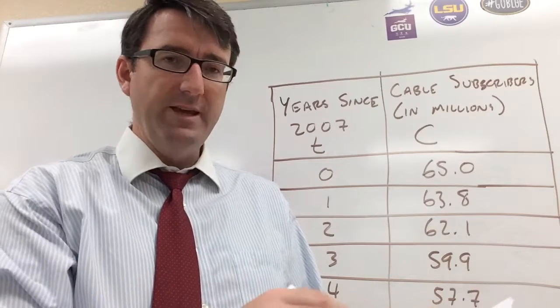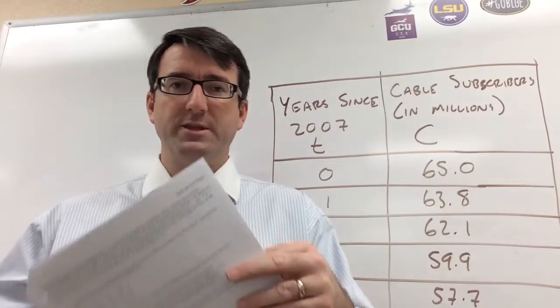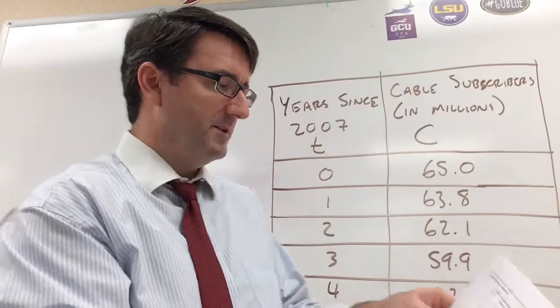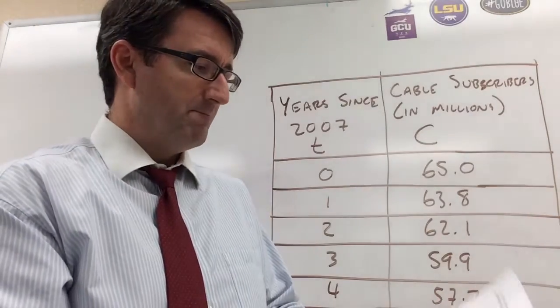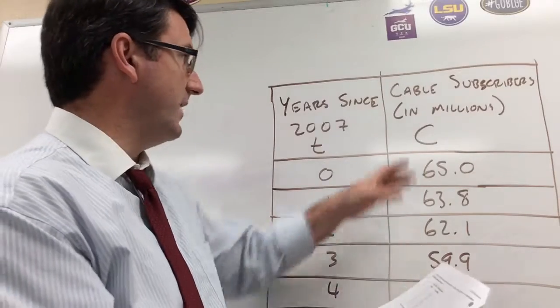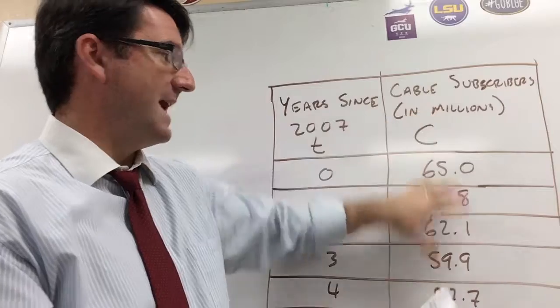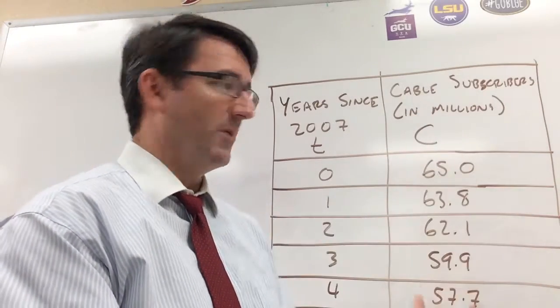But notice for this question, we don't need to be able to put this into a calculator and create a linear regression model, because all we have to do is notice that between these answer choices, the rate of change here, what's happening with the cable subscribers is that the number of cable subscribers is going down.